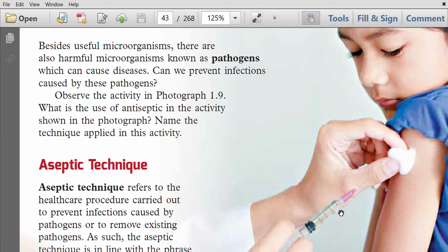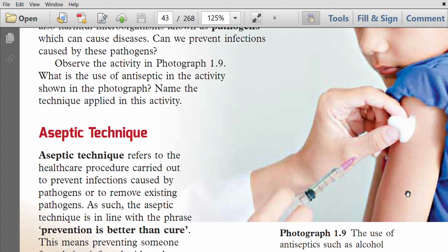Before this girl is given an injection, they have to wipe her skin using an alcohol swab, right? So name the technique applied in this activity. Do you know what is the technique when you apply an alcohol swab? Yes, this technique is called sterilization, right?